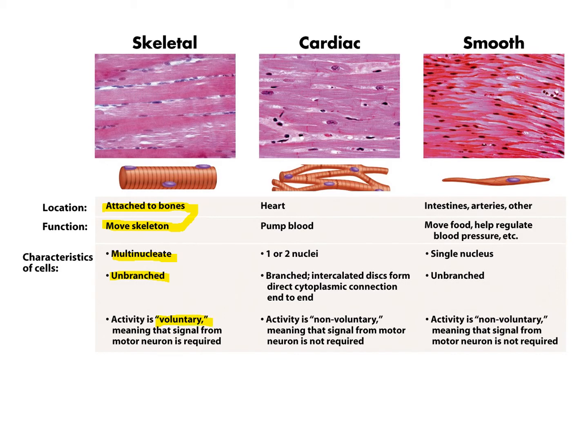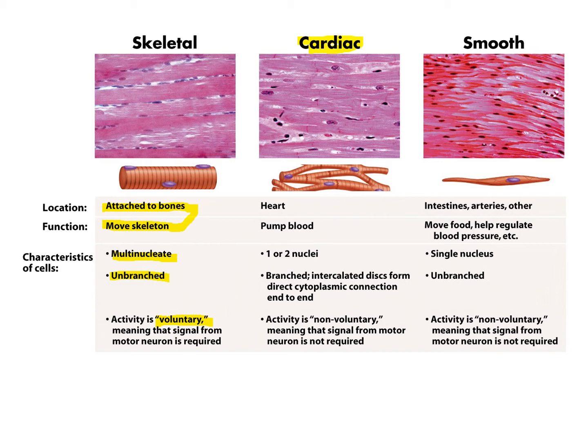It is controlled by the somatic motor division. So efferent output from the central nervous system to activate this muscle is consciously or voluntarily controlled. Signal comes from motor neurons that send out action potentials, and they then send a signal over to the skeletal muscle fibers.